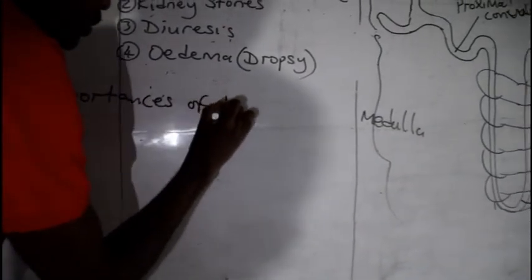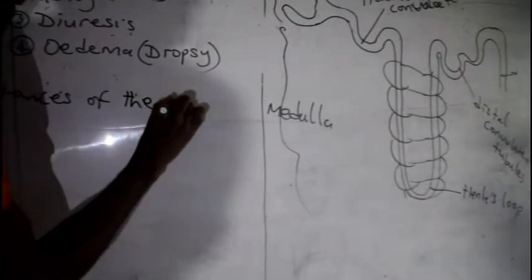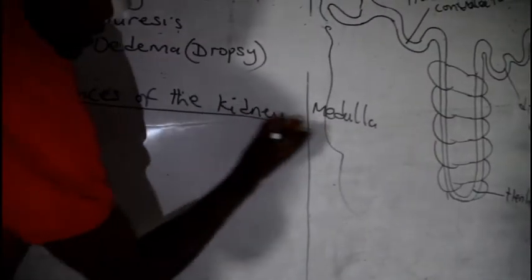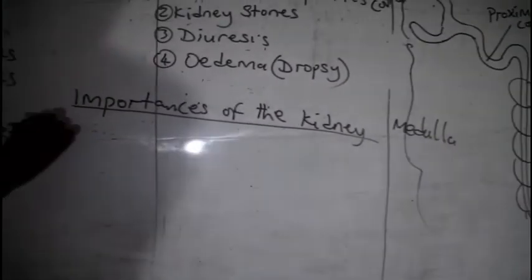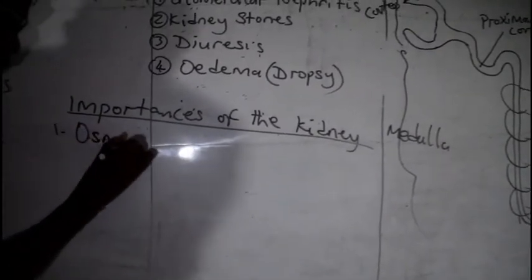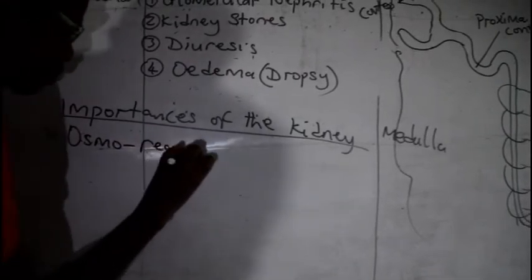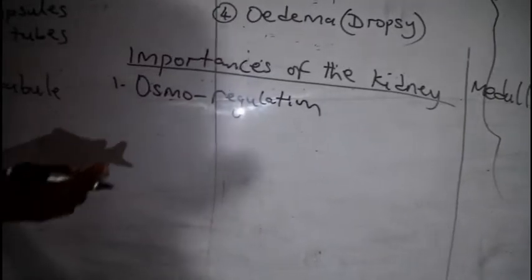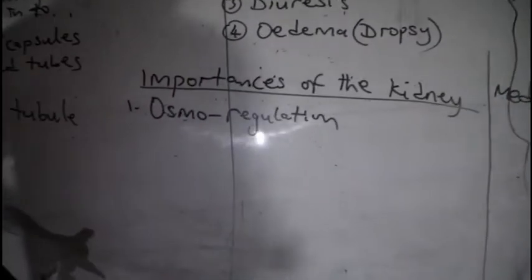Importance of the kidney. The kidney carries out 3 or 4 important functions. One is osmoregulation. This is a process where the kidney regulates the water content of the body.